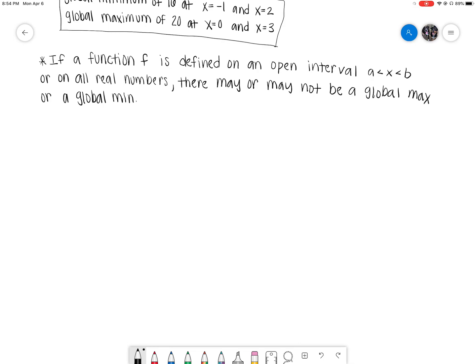So open intervals aren't as friendly, and you may or may not have a global max or a global min in that situation.